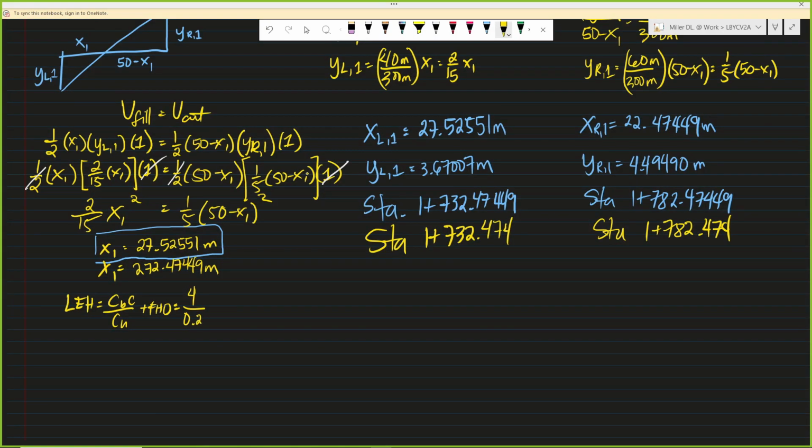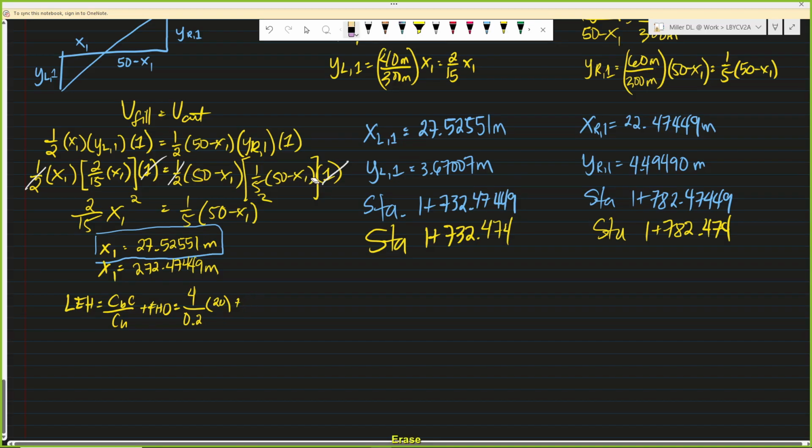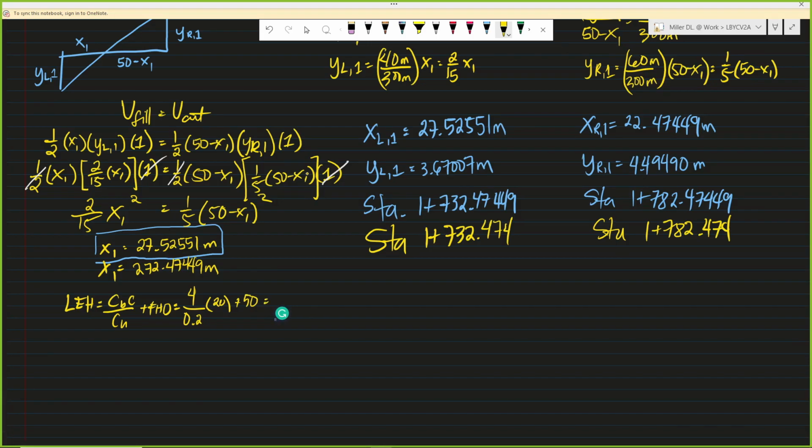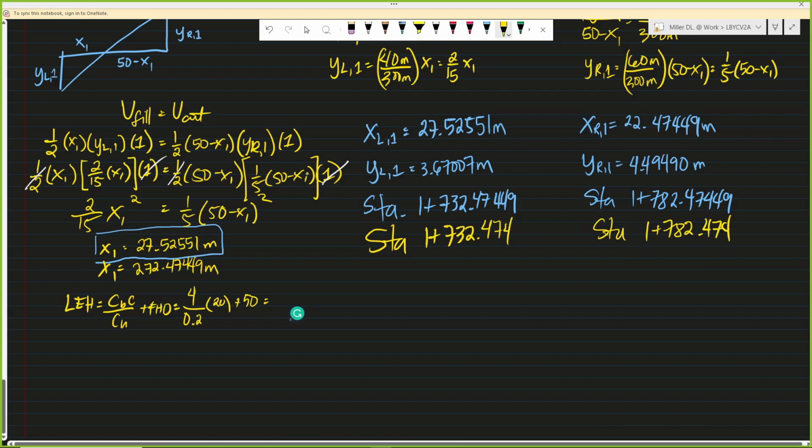Now, since 0.2 per meter station to, multiply natin si C, which is 20 meters, kasi 20 meters ang bawat station. Okay? Since ito ay ganung process, so plus FHD, ang FHD natin ay 50. So, kindly solve for LEH.